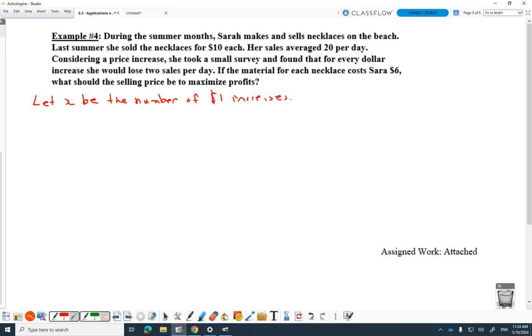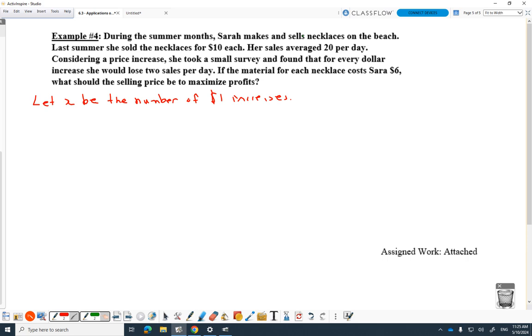We're going to set x to be how much she's going to increase her price. You're like, what if she should decrease her price? It'll work out. I'll get a negative number. Maybe she should keep the price the same. We'll get x equals 0. So saying it's going to increase doesn't mean that I'm not going to find out this is a negative number.